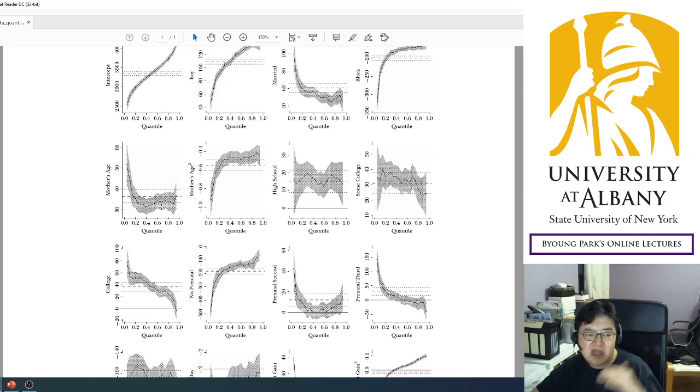So the effect of age on the birth weight is around 30 something, lower than 35 for most of the quantiles, but the effect becomes much bigger as the baby becomes smaller. So if your baby is just a normal, average, and healthy baby, the mother's age does not matter.